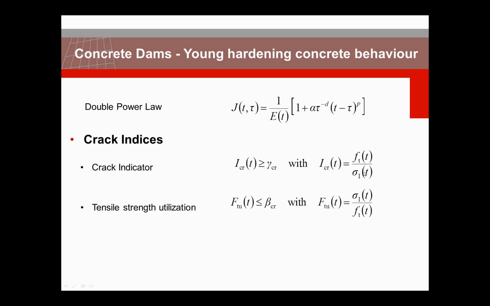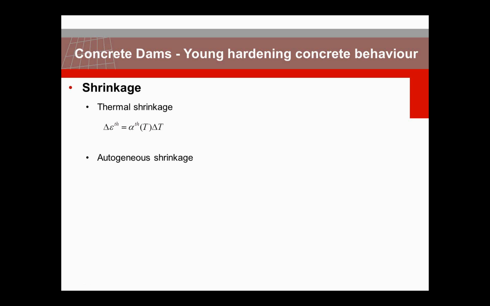And the relation of this we define as a crack indicator. So when the crack indicator is larger than 1, everything is safe, and when it is 1 or smaller than 1, you may expect cracks in the concrete.